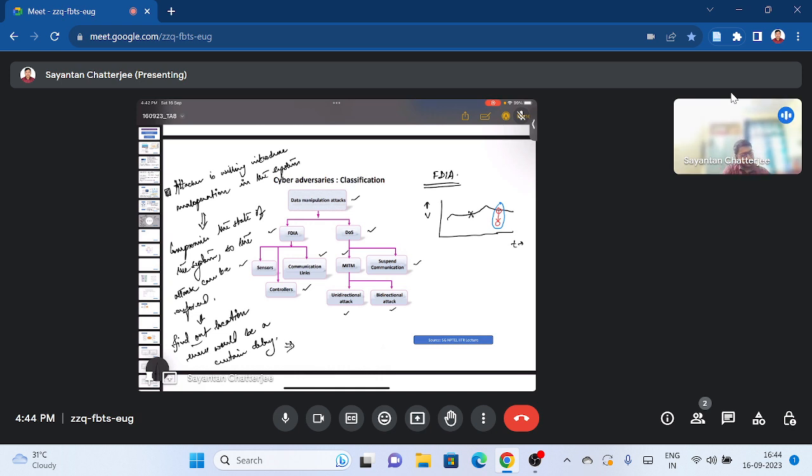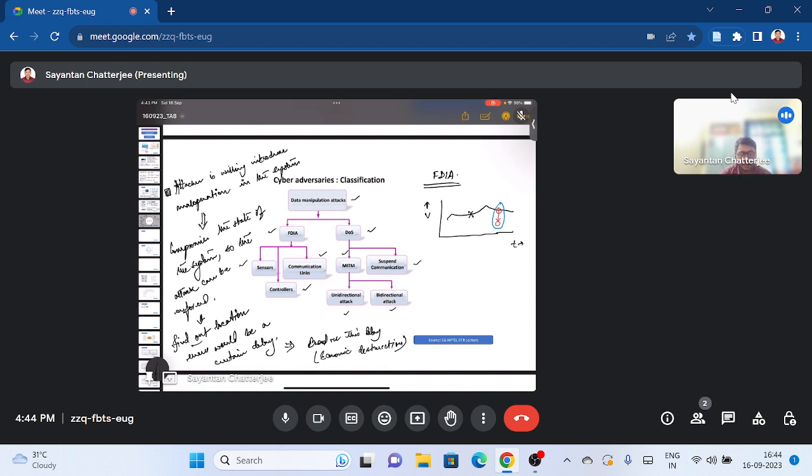Based on this delay, there can be economic destruction from the power system objective point of view.